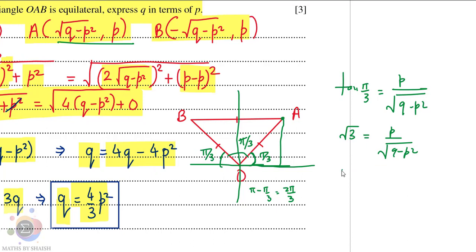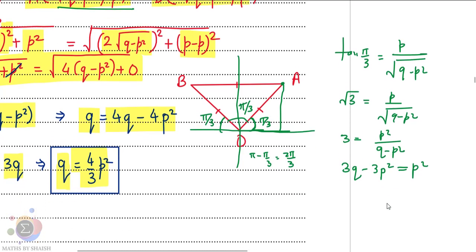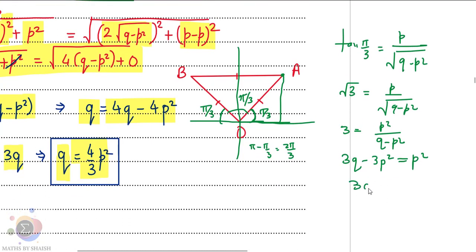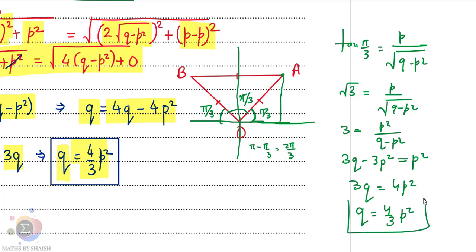Taking the square on both sides, we get 3 equals p square upon q minus p square. Cross multiply, we get 3q minus 3p square equals p square. Transferring this to the other side, we get 3q equals 4p square, which gives q as 4 by 3 p square. So that's another way to do this.